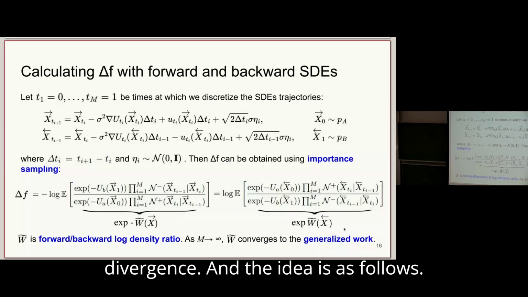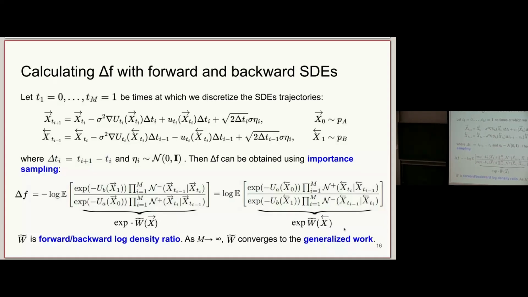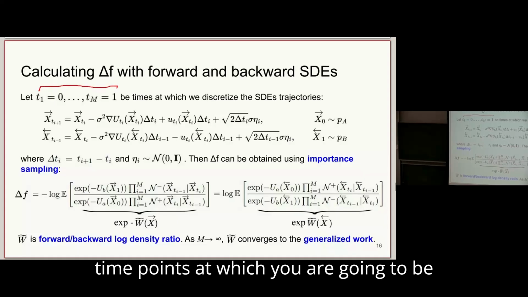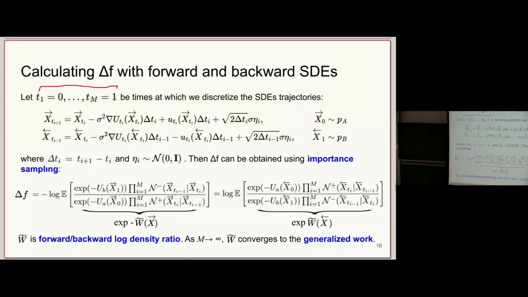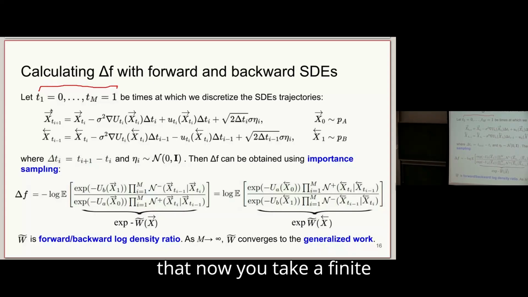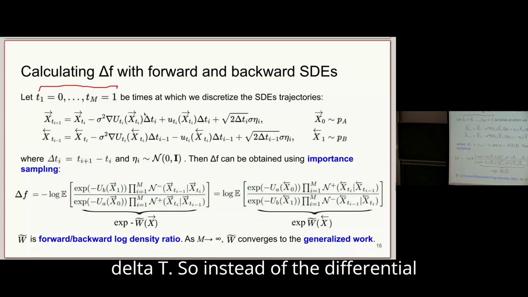And the idea is as follows. You are going to discretize the SDEs. So you take some subset of points in the unit interval. These are time points at which you are going to be sampling from the SDE model, and you discretize it in the sense that now you take a finite difference in values in the process, and you have this delta t.